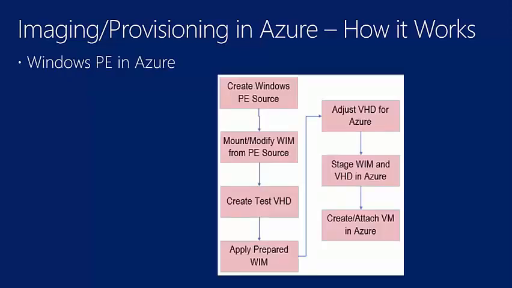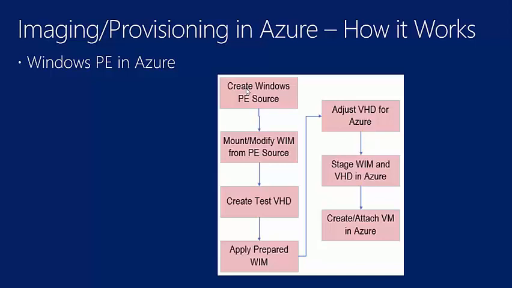So how does it work for Windows PE in an Azure environment? This I'll spend a bit more time on just to give you the flow, then I'll show it to you live. If we're going to be leveraging Windows PE in an Azure environment, a few things we need to do. First, we need to create the Windows PE source if you don't have it already, because the Windows PE source is something we're going to manipulate, add a couple of things to, and then basically put onto a VHD and put into the Azure environment.